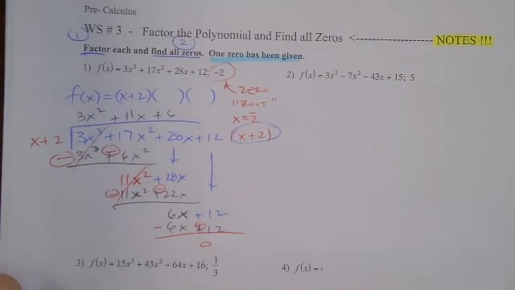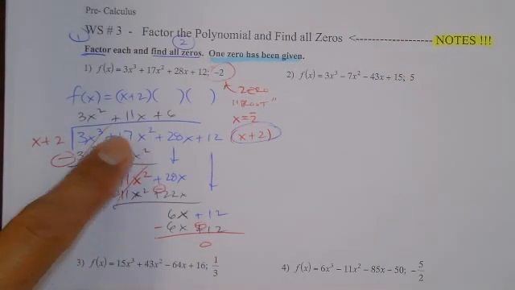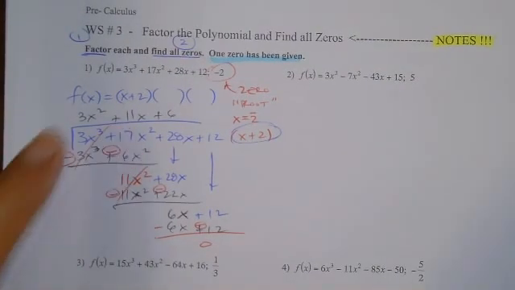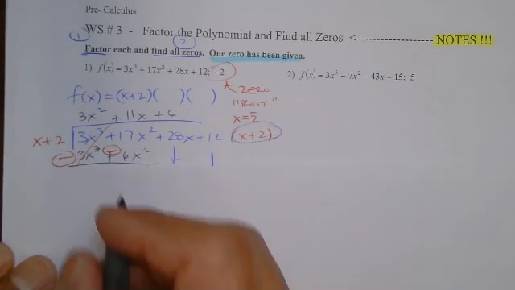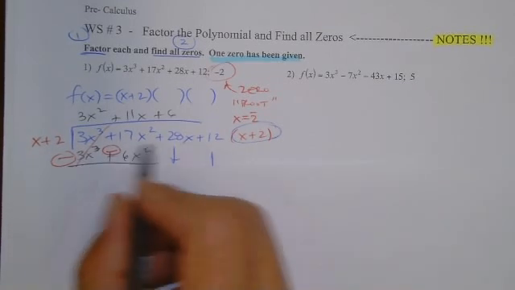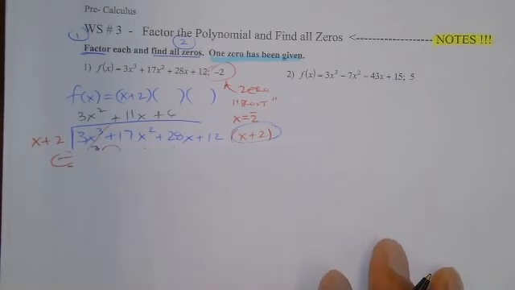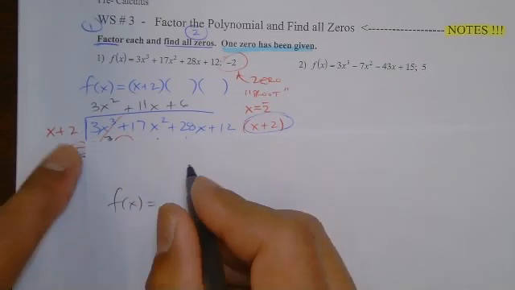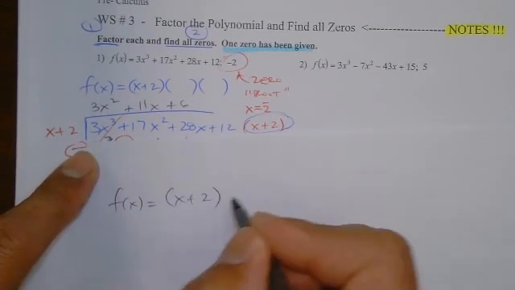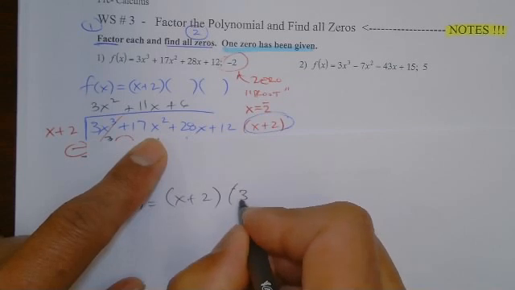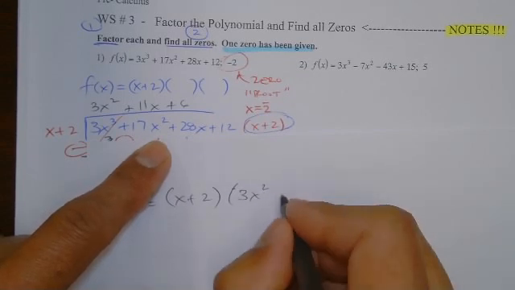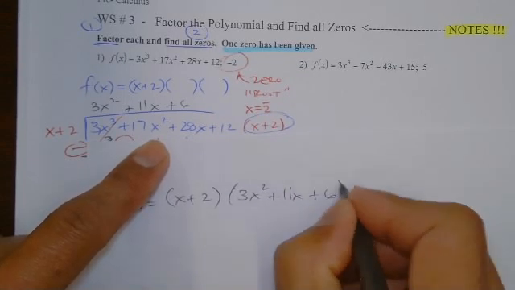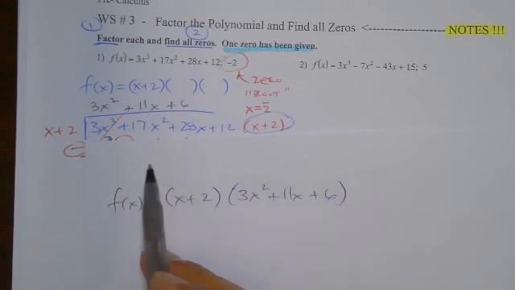If this, when divided by this, gives you exactly this, that means this polynomial, the 3x cubed plus 17x squared plus 28x plus 12, is now going to look like x plus 2 times the 3x squared plus 11x plus 6.